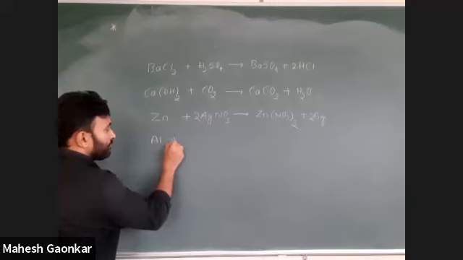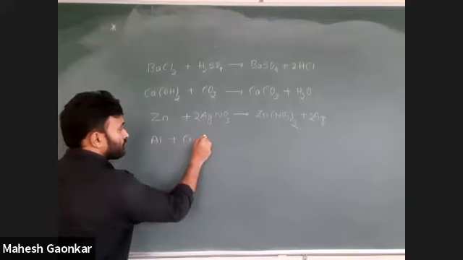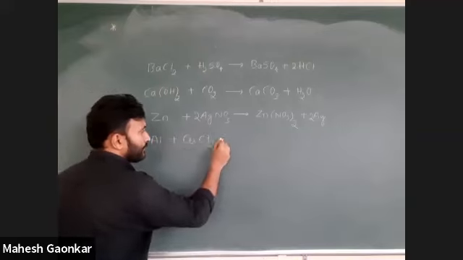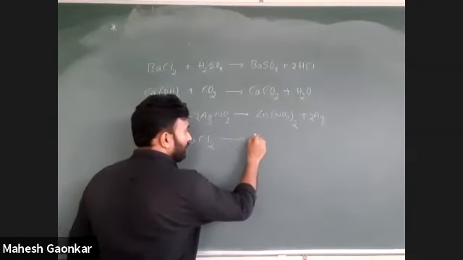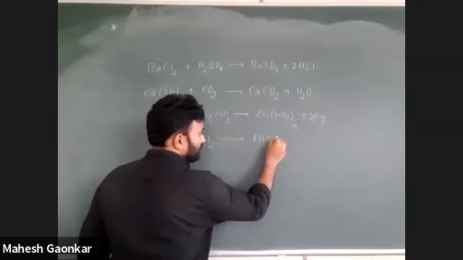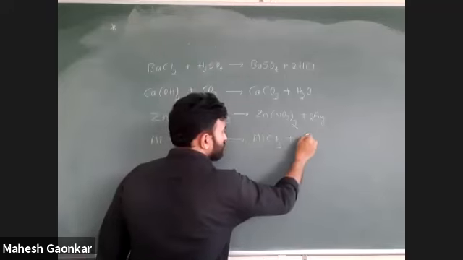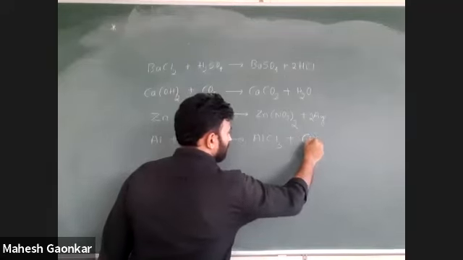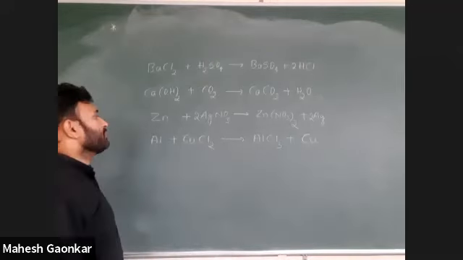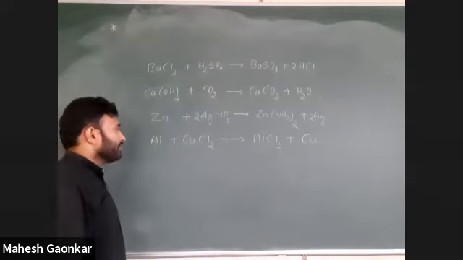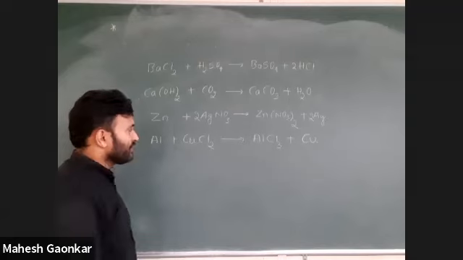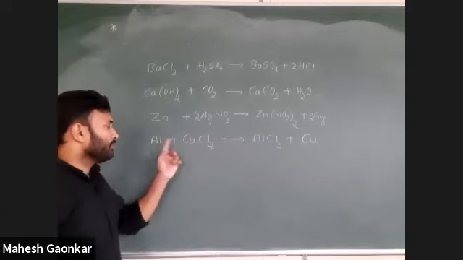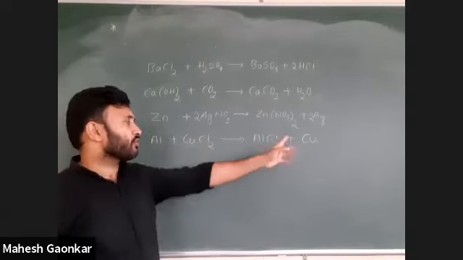Aluminium plus copper chloride, aluminium plus CuCl2, gives aluminium chloride plus copper. This is also a displacement reaction. Aluminium plus CuCl2 gives AlCl3 plus Cu.